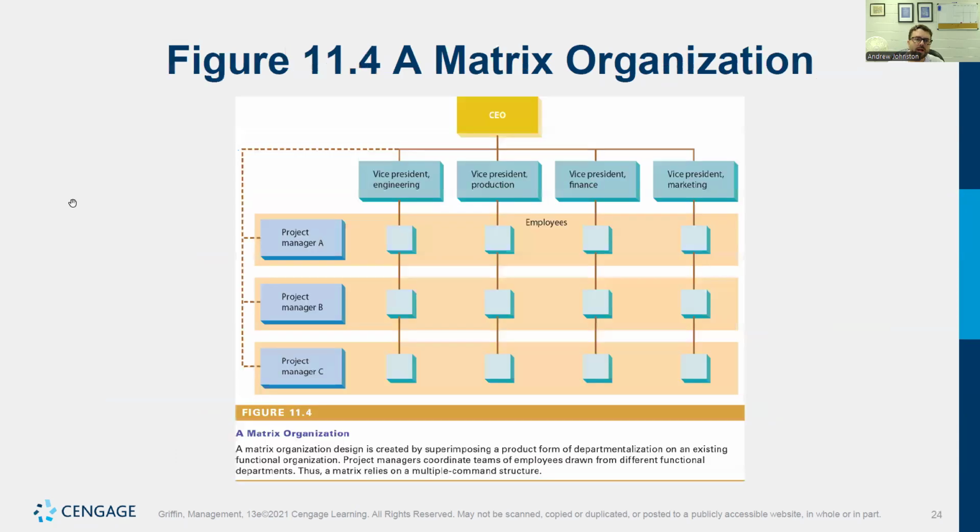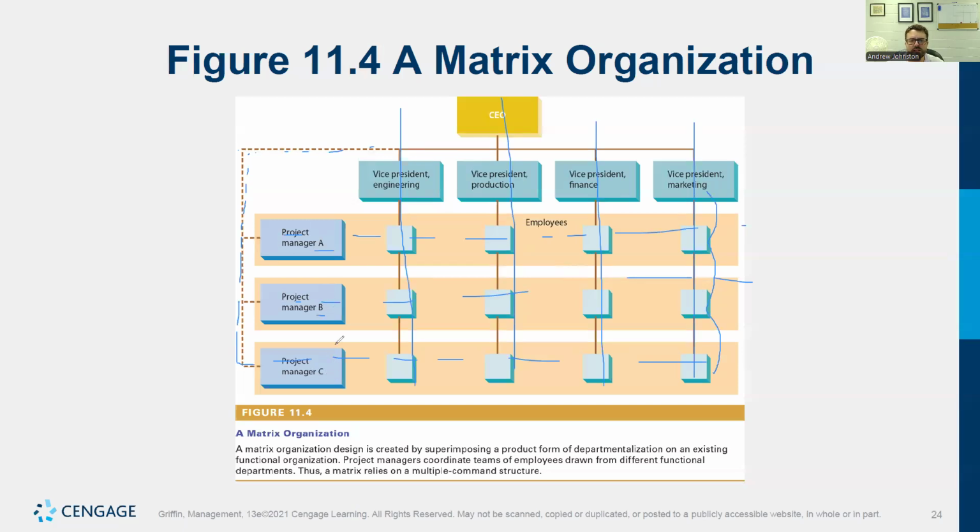So this is why it's called a matrix management system. Basically, you have your actual functional divisions and your chain of command here, right? But then you also have this dotted line matrix management where each project manager matrix manages a team for whatever project they're working on.